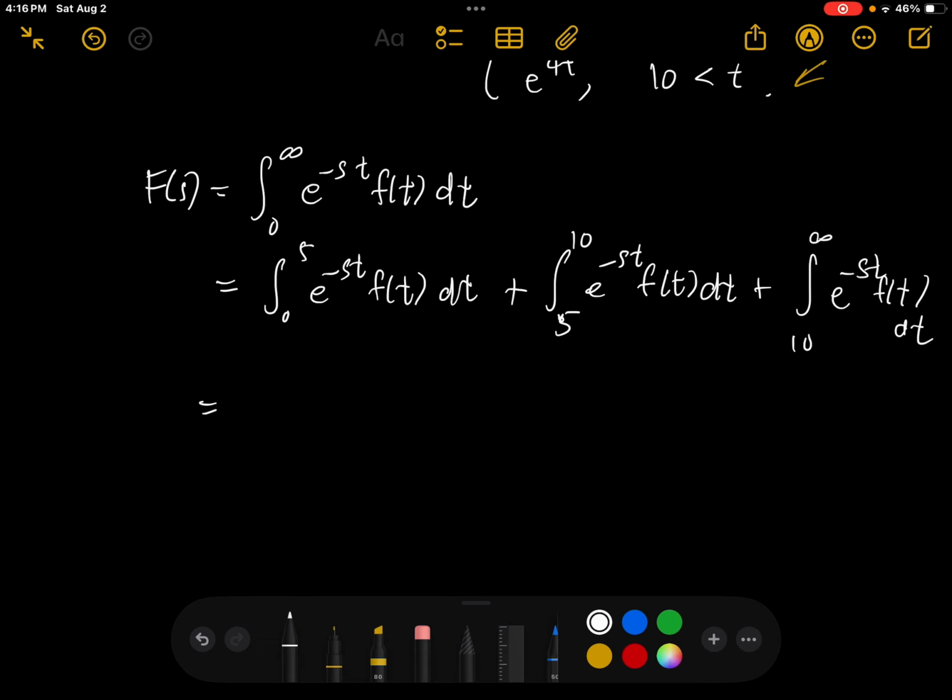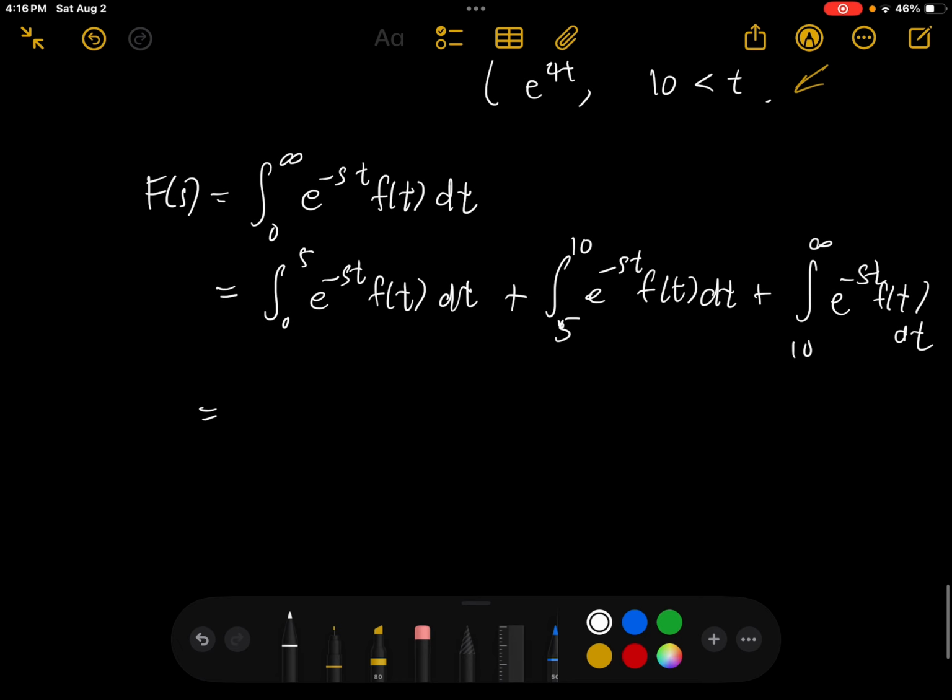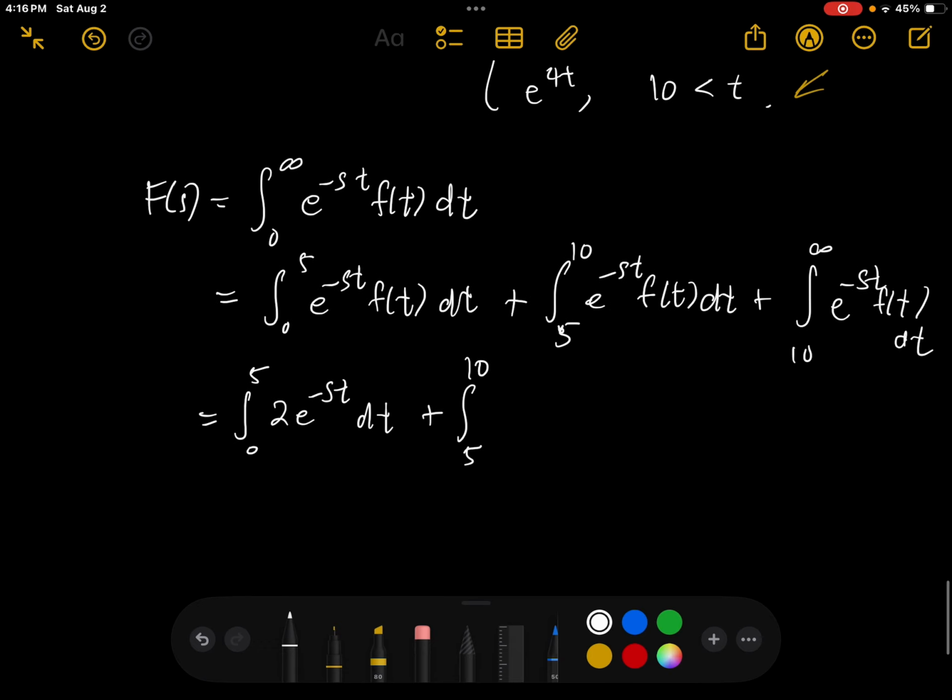Because when t is between 0 and 5, your f is 2. So you're going to get the integral from 0 to 5 of 2e to the minus st dt. And then you're going to get the integral from 5 to 10 of 0. That's going to be 0. Then plus the integral from 10 to infinity of e to the minus st times e to the 4t dt.